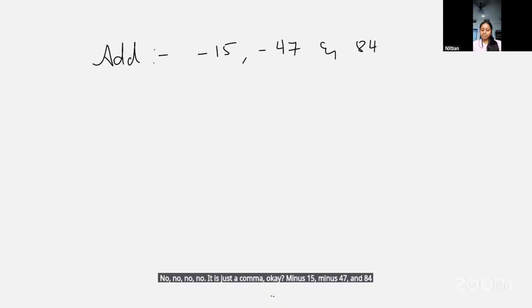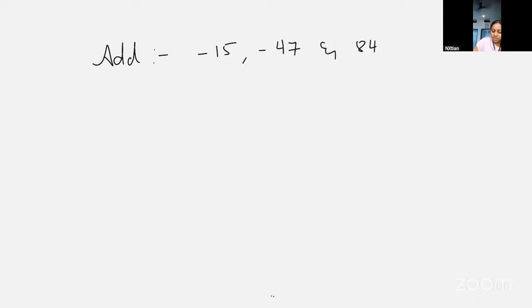Ma'am, even if we take minus 15 plus minus 47, we will still get minus 15 minus 47, right, ma'am? We will take first minus 15 plus minus 47. Okay.